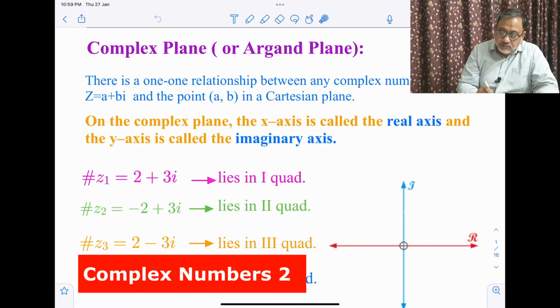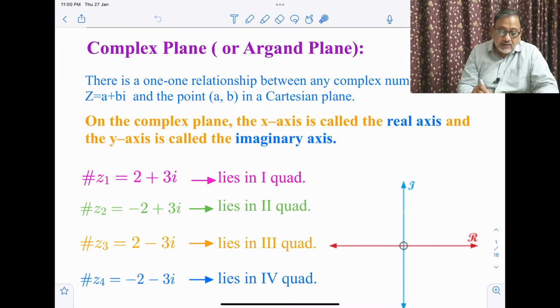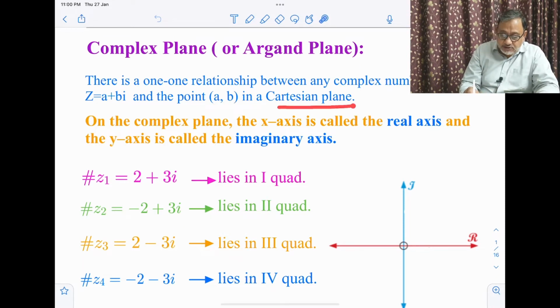There is a one-to-one relationship between any complex number z equals a plus bi and the point (a, b). Here a will be the real part and b will be the imaginary part, in the Cartesian plane.